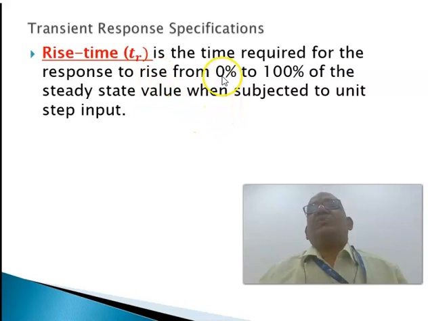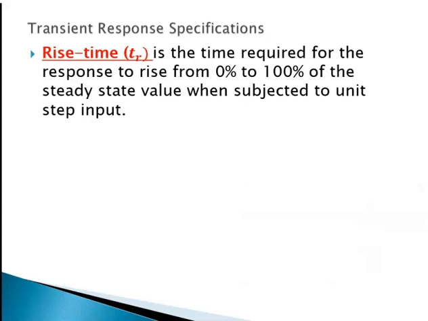In some textbooks they may mention from 10 to 90%, maybe for critically damped or overdamped systems, but for an underdamped system, this is what will follow.